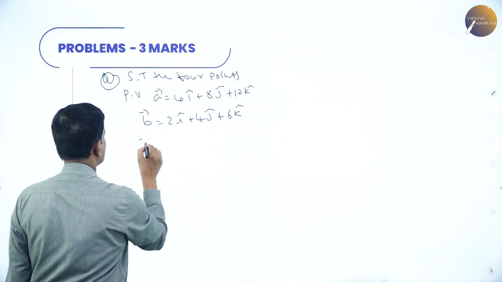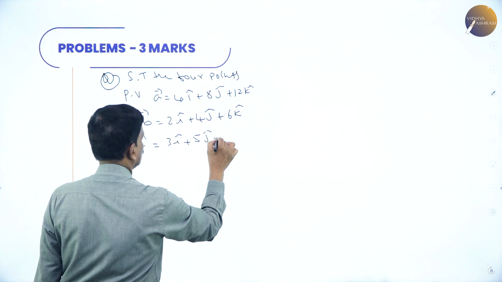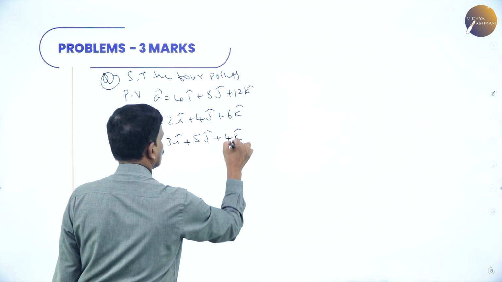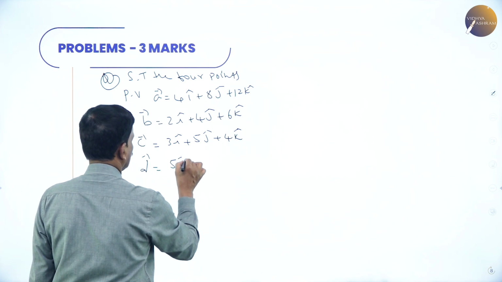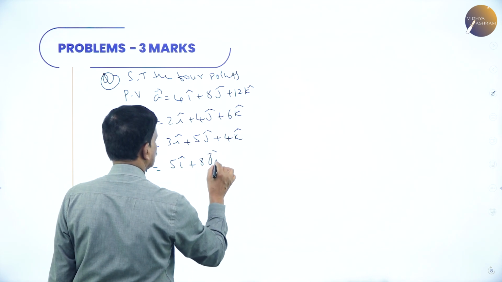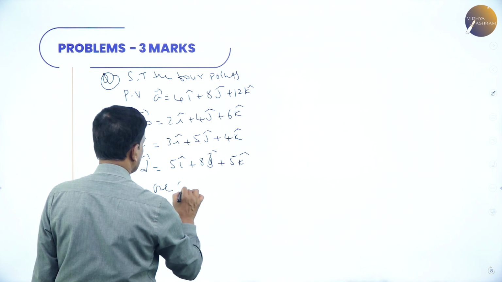Vector C is equal to 3i plus 5j plus 4k, right. And vector D is equal to 5i plus 8j plus 5k are coplanar.